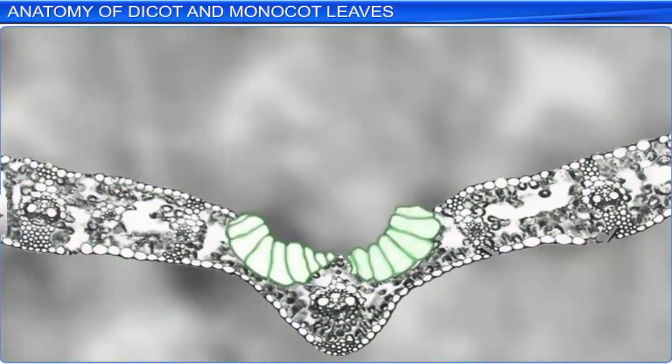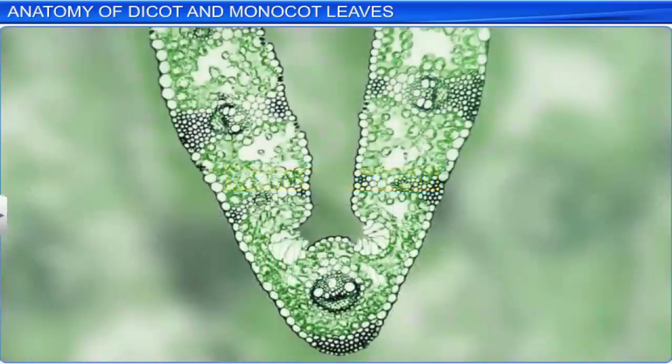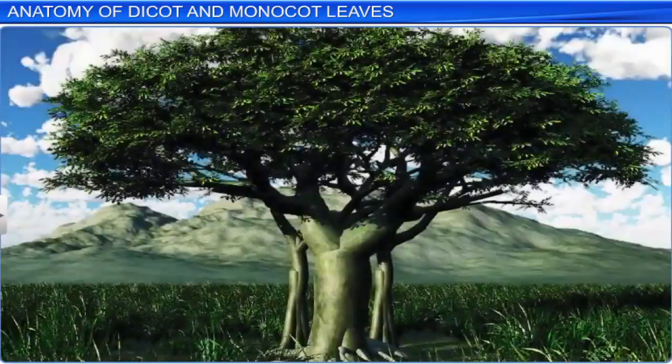Conversely, in water-stress situations, there is loss of turgor pressure and bulliform cells become flaccid. As a result, the leaves curl inwards to minimize water loss. Hence, a lot of activity goes on in the internal structure of a leaf. Since major food production takes place in leaves, they are aptly known as the plant's powerhouse of energy.